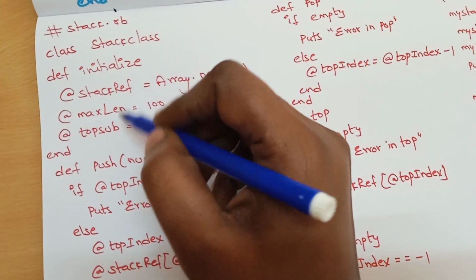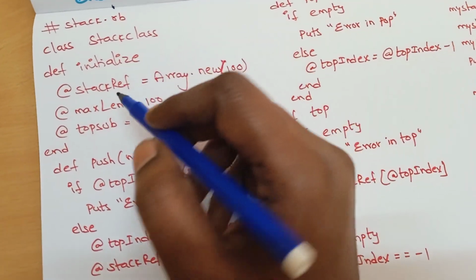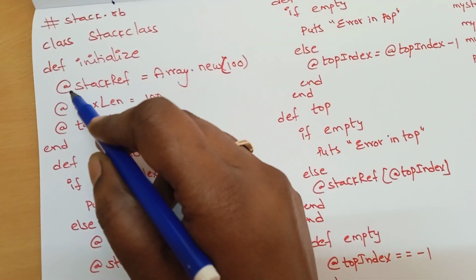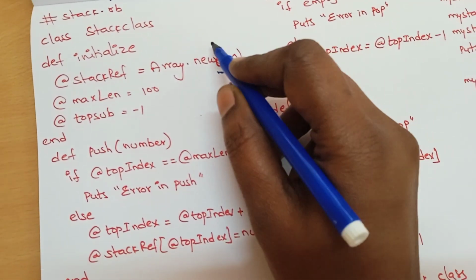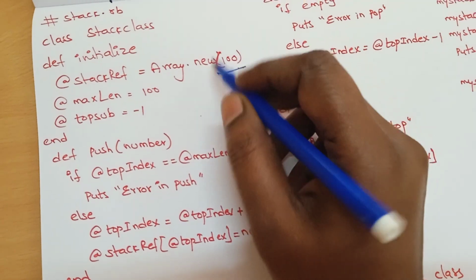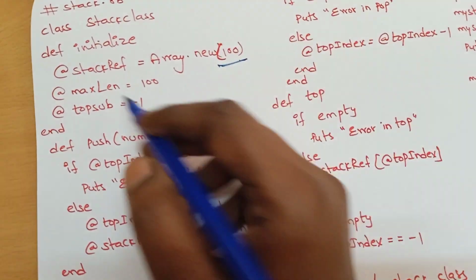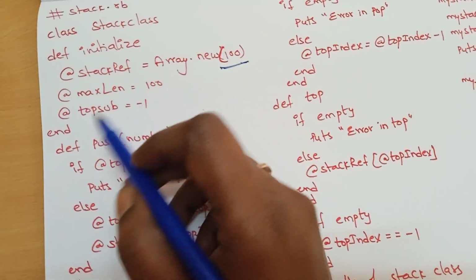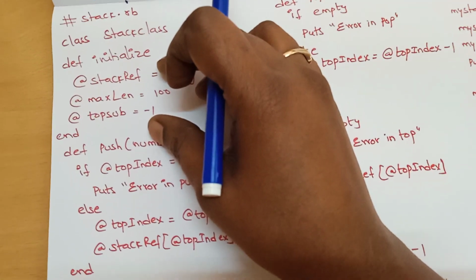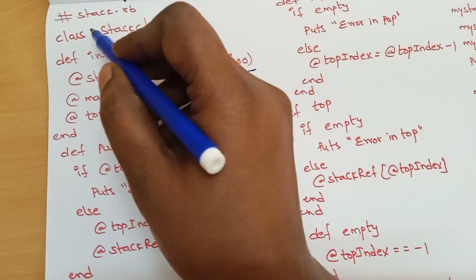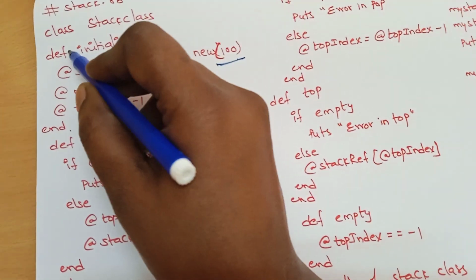Now these are the instance variables of the class, and all instance variables will begin with the @ sign. Look at this, the language will not use square brackets to give a dimension. It will take parentheses to write the size. @max_length equal to 100, @top equal to -1. These are the instance variables of the class. And this end is not for the class, this end is for this definition.